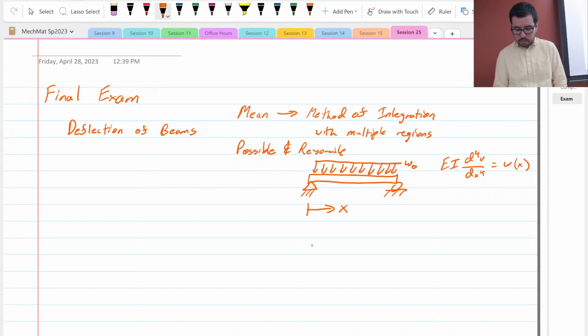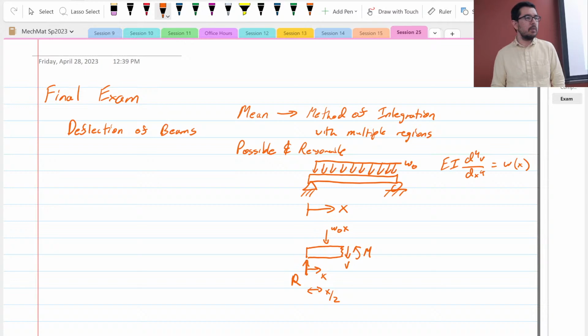And what is this? It is W naught X, that's the quantity of it. And it's acting at a distance X over 2. And there's a reaction down here as well.